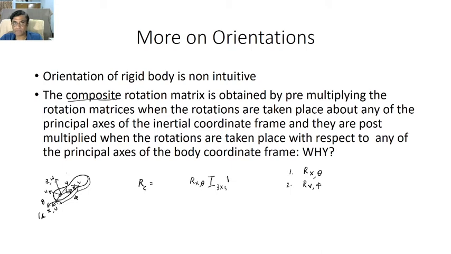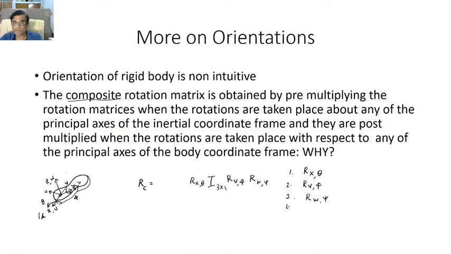So it will go here. You follow? And then say suppose you have given another operation. Okay, and since this operation is also given with respect to the z-axis of the body coordinate frame, whether they will be pre-multiplied or post-multiplied, they will be post-multiplied.